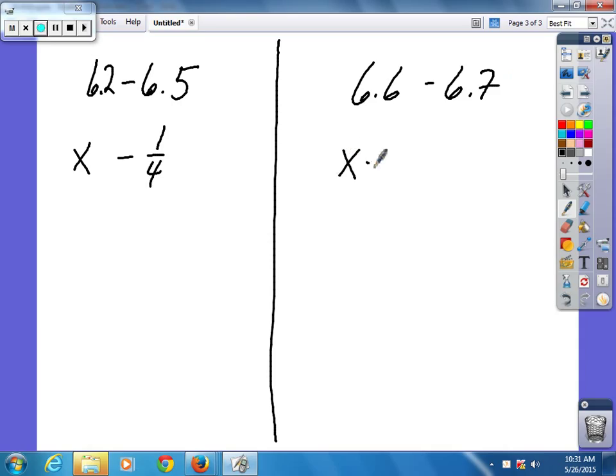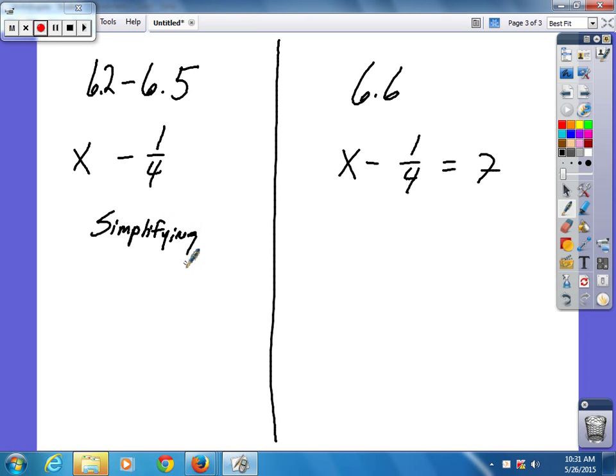I think 6.7 is the work problem. It is, but it uses half of this and half of this, so I'm not going to say 6.7 yet. x minus 1/4 is equal to 7. Alright, that's the difference between the two. And this is very important because you're going to forget this when you're doing your homework and you're going to say, I'm getting confused. This has no equal sign, so you're what? You're simplifying it.